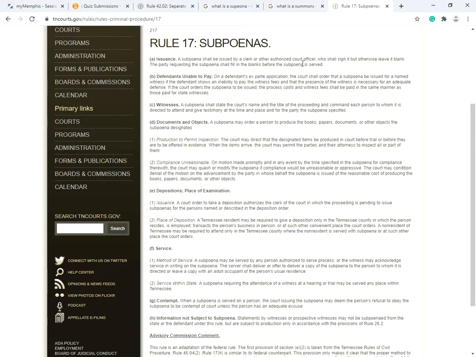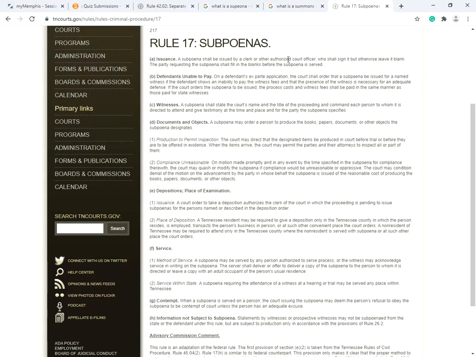I know that an attorney is a court officer as well, but like I said, from my understanding, it has to be served through a process server on the party. I'm unclear as to whether an attorney can mail the subpoena directly to a party.